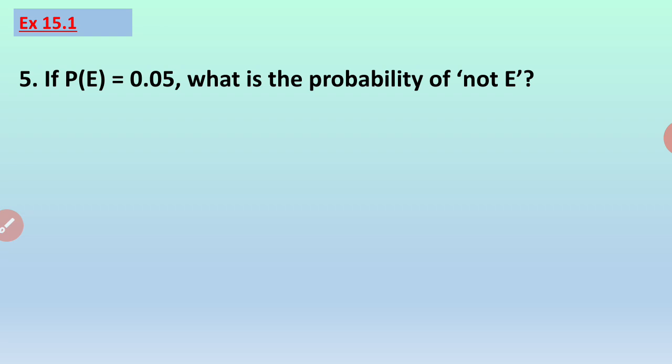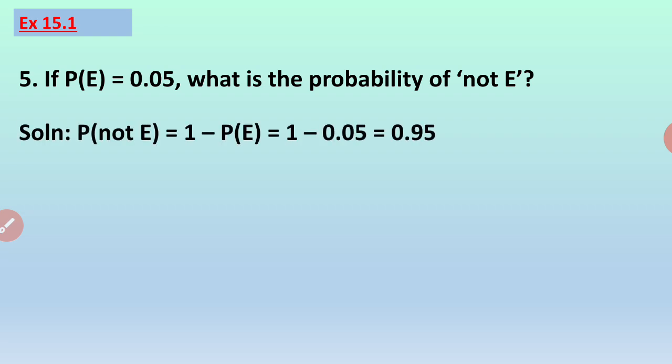If P of E, that is probability of the event, is 0.05, we have to find out the probability of not E. Now E is the event, and not E is the not event. They are called complementary events, and we have studied that complementary events add up to 1. So probability of not E will always be 1 minus probability of E. So the answer is 1 minus the given number 0.05, which is 0.95.